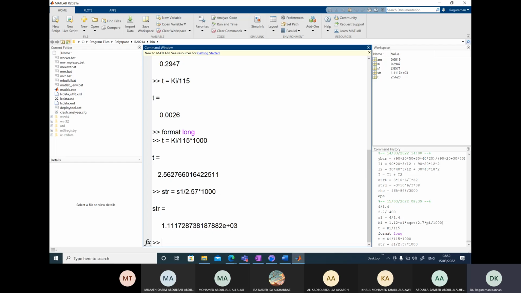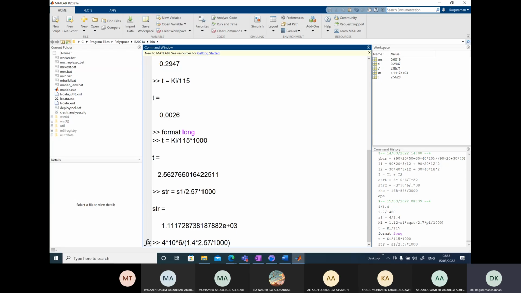Instead of using the formula here, 4 times 10 power 6, that is the force 4 meganewtons by 1.4 times thickness T. 1.4 is in meters, so 2.57 is the thickness, and we have to divide this by 1000 to convert it into meters.